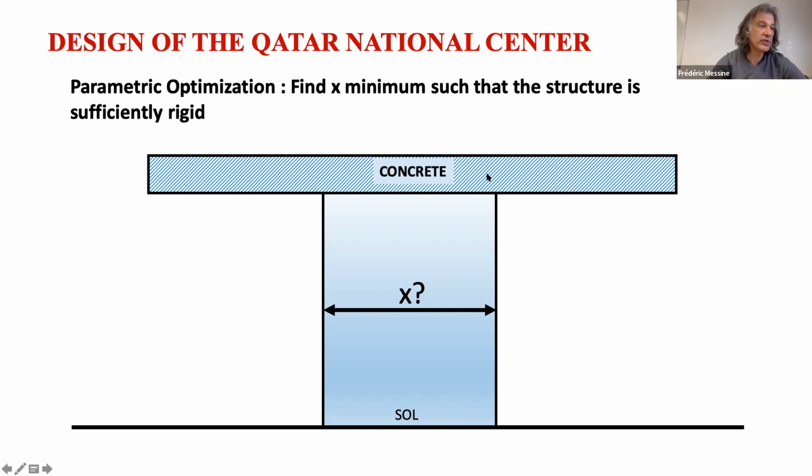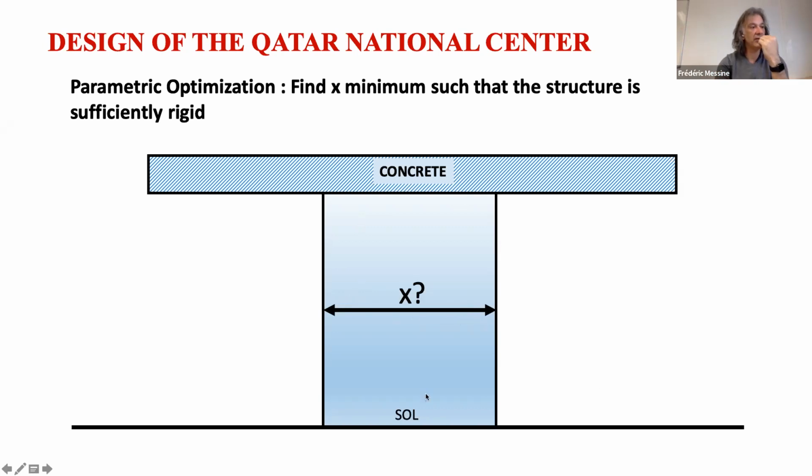So you have to make computations using finite element methods in mechanics to solve some mechanical equations over there. That's an introduction to parametric optimization. In that case, you have just one parameter: the thickness of this part.